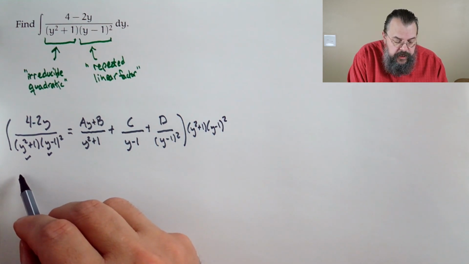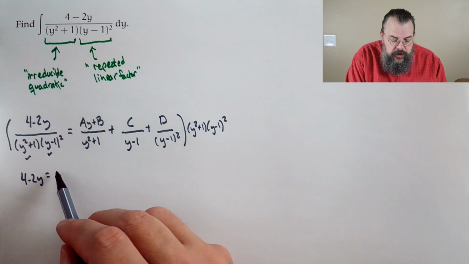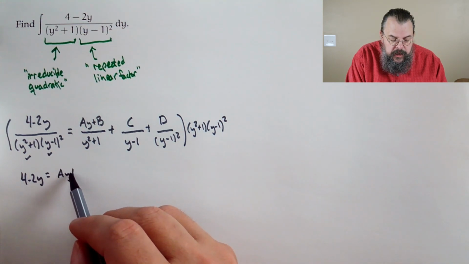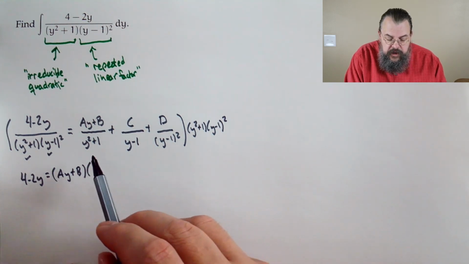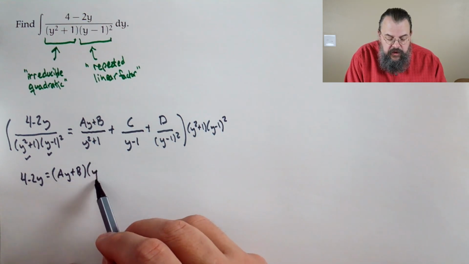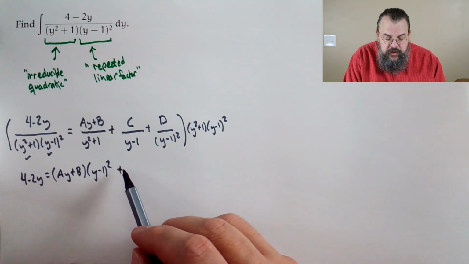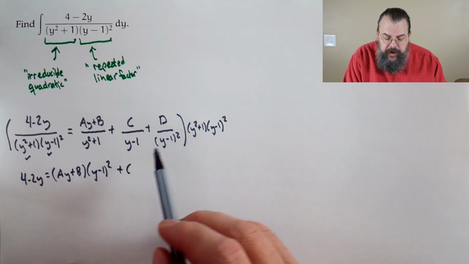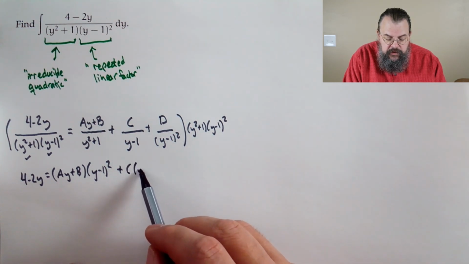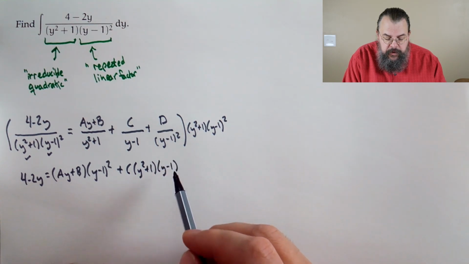So we're going to get 4 minus 2y equals, well, Ay plus B times, here, the y squared plus 1 cancels, so y minus 1 squared, plus C. Now, one y minus 1 cancels, so we'll get y squared plus 1 times y minus 1.